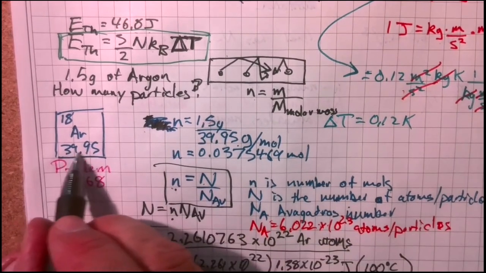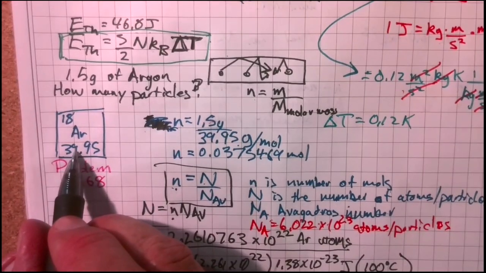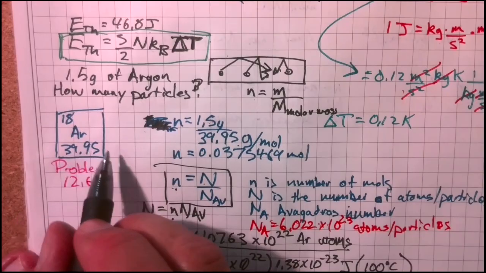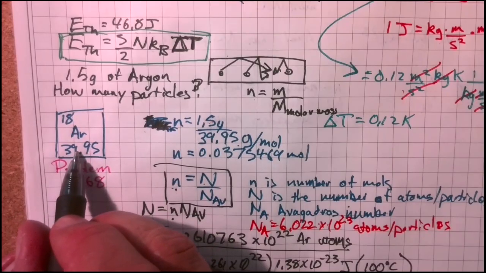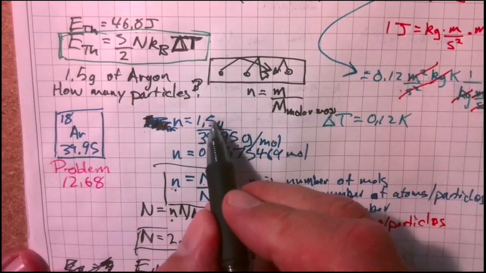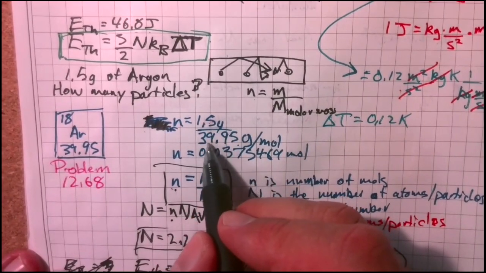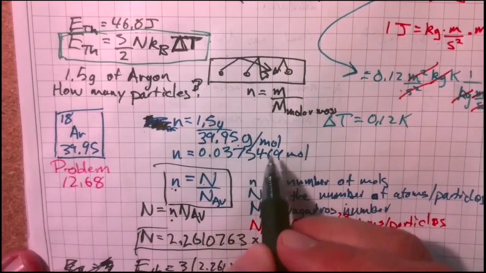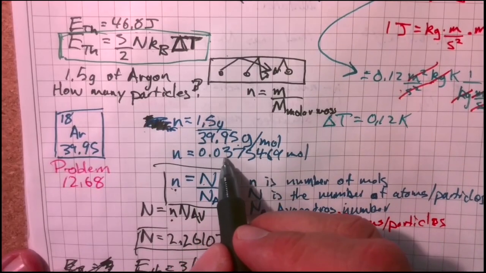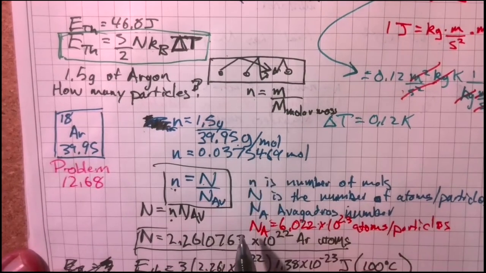The mass on the periodic table is the mass in grams of this element per mole, so one mole of argon weighs 39.95 grams. So we have 1.5 grams of argon divided by the molar mass, 39.95 grams per mole. That gives us 0.0375 moles.